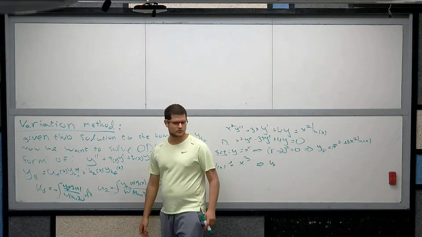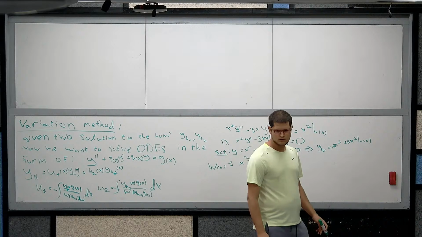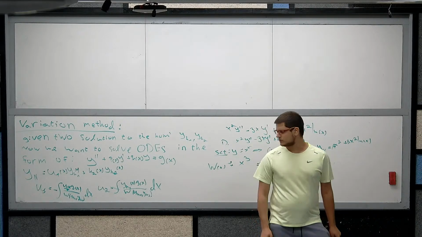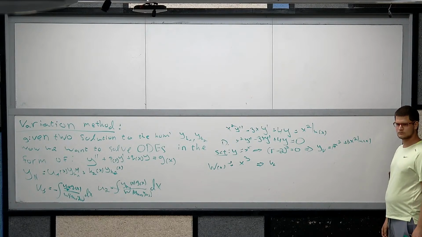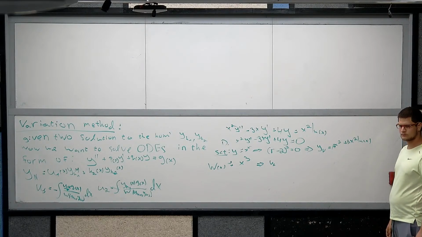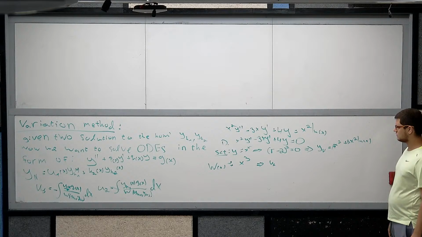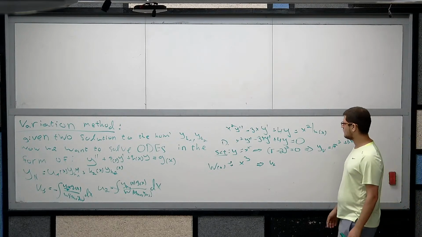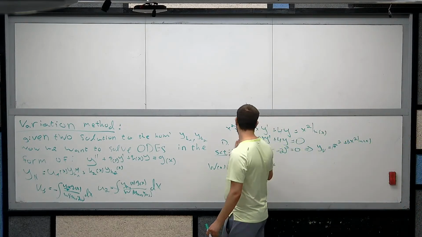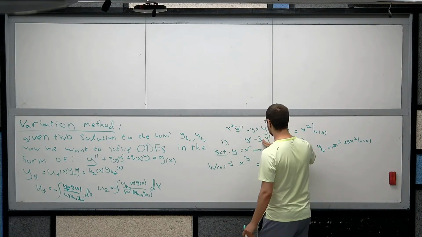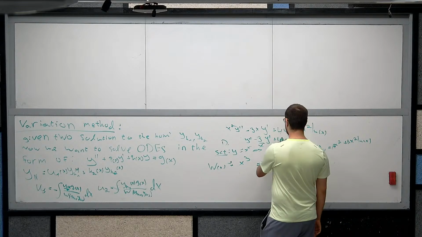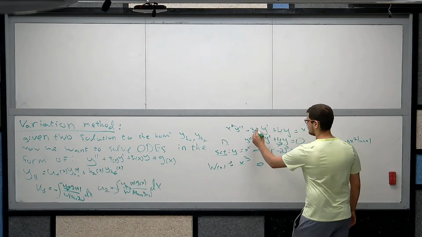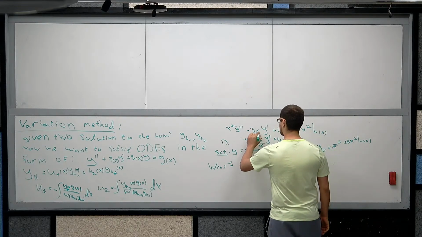But first you need to change the equation itself so it will be in the standard form. You need to divide both sides by x squared. I will do that. That is not a problem. We did it here. Do it also here.